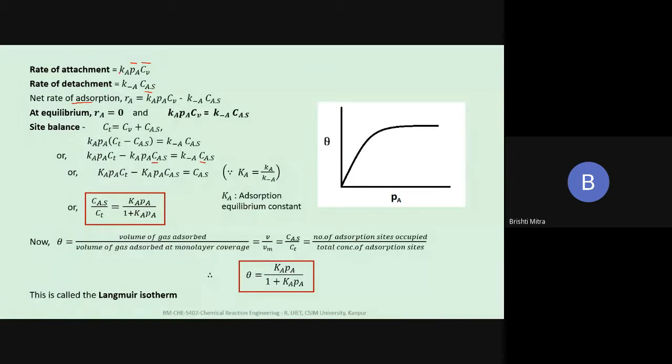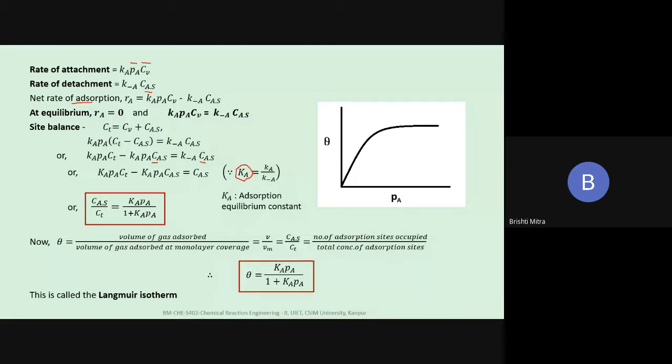All of these ks that I'm writing are small letters. If I divide by small k_minus_A, then ka divided by k_minus_A is now written as a capital K_A.